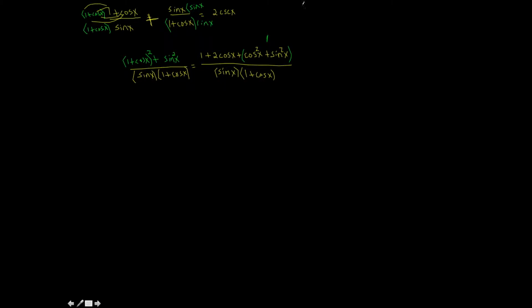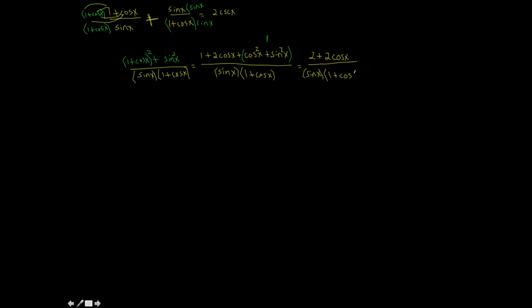So really, what I have on top is 1 plus 1 is 2, combining like terms, so I have 2 plus 2 cosine x, all over the denominator, sine x times (1 plus cosine x).